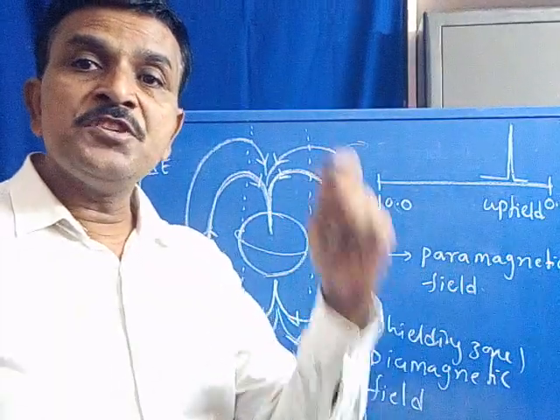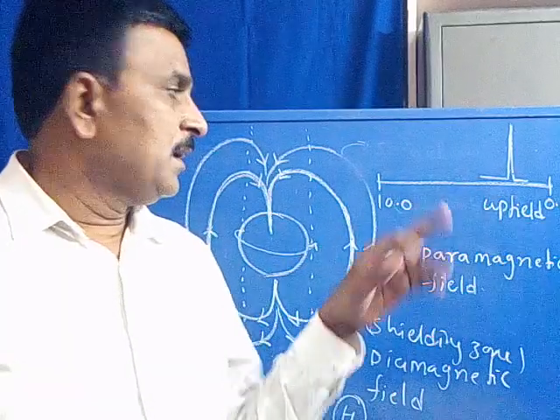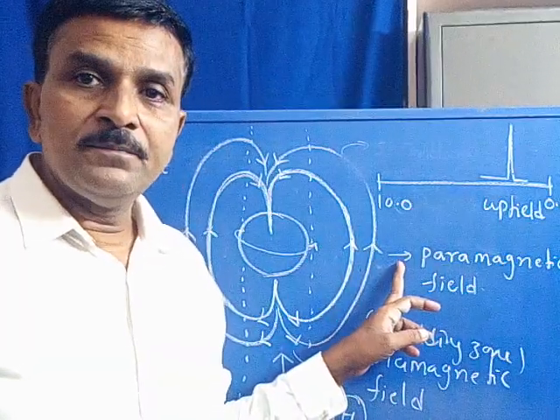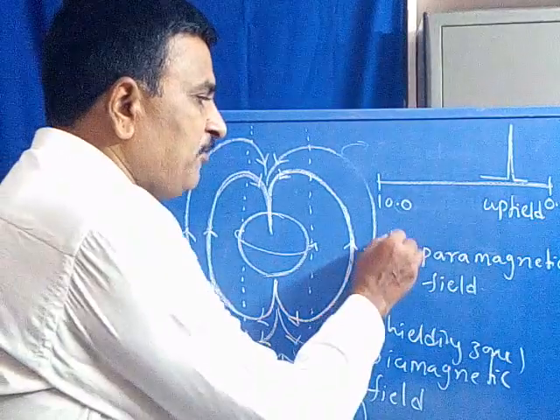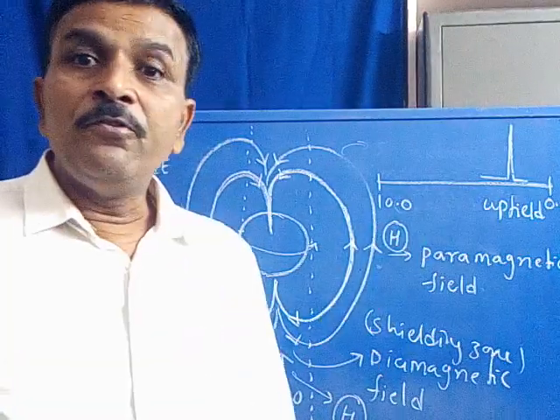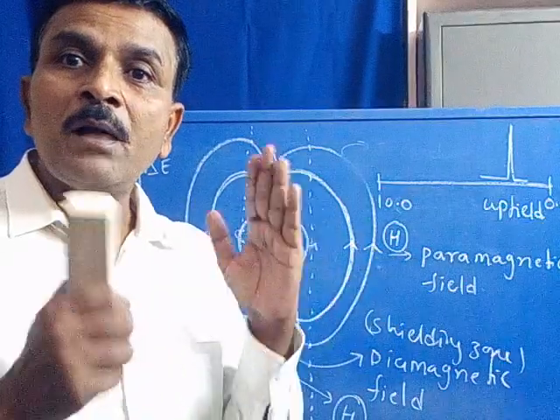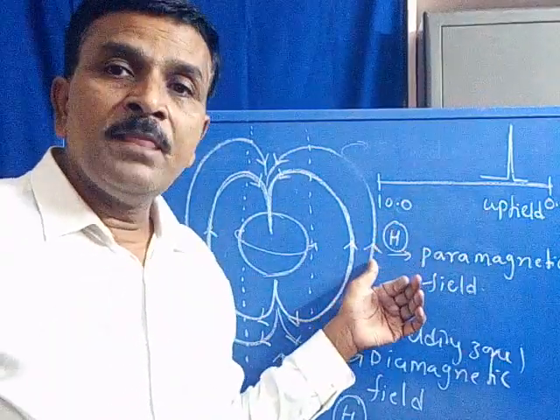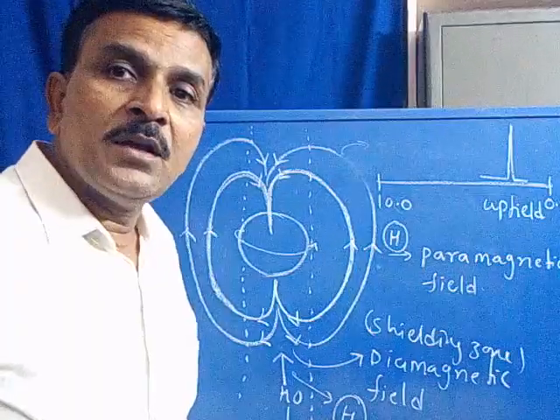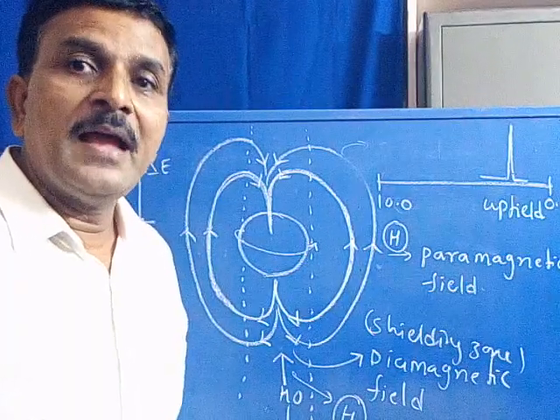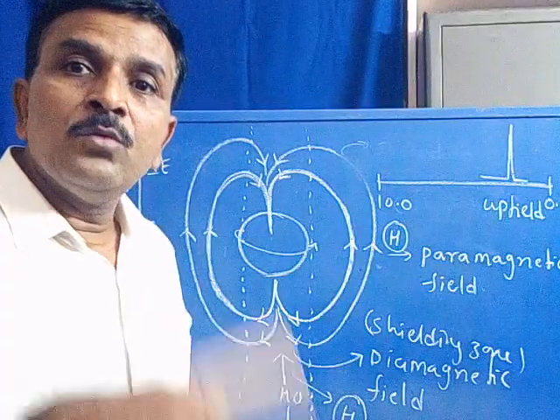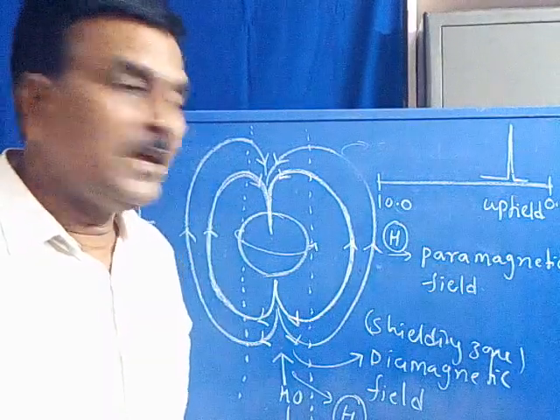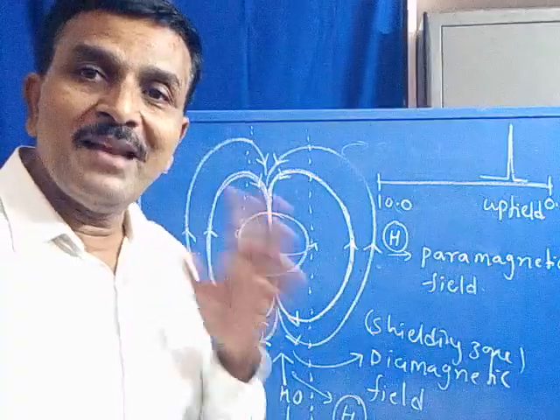Now coming to the other. If a proton is situated under the paramagnetic field, there is a minimum opposing effect between the secondary magnetic field and the external magnetic field, as these two magnetic fields travel in the same direction. Therefore, the opposing effect is less.